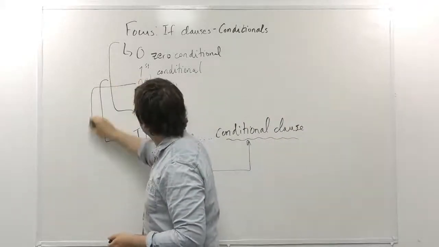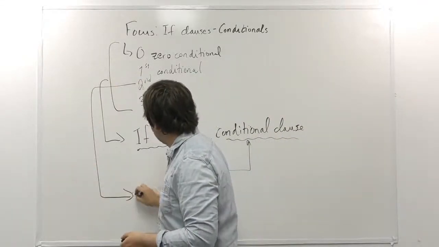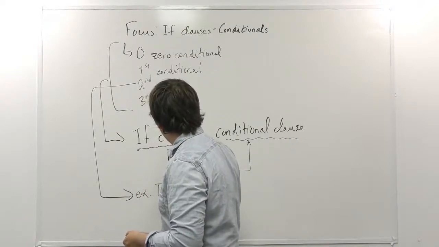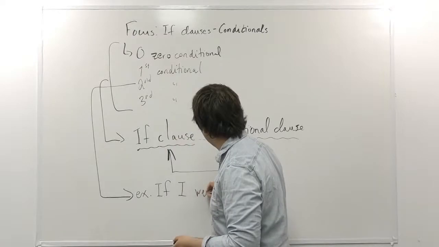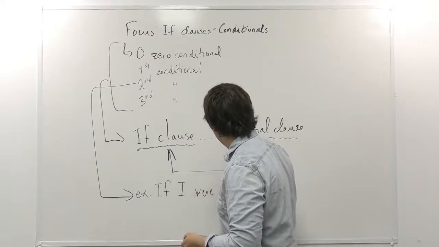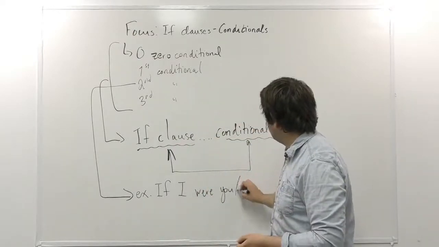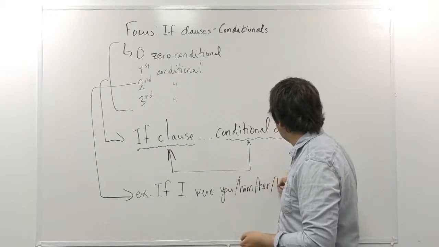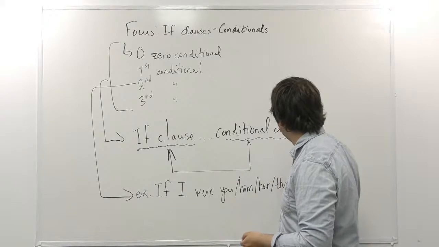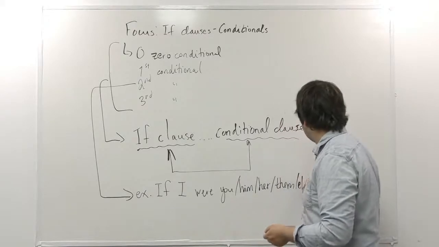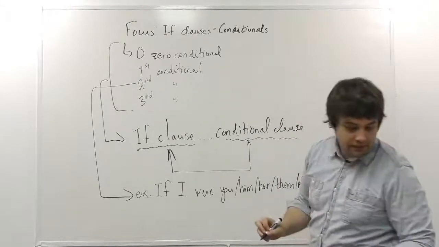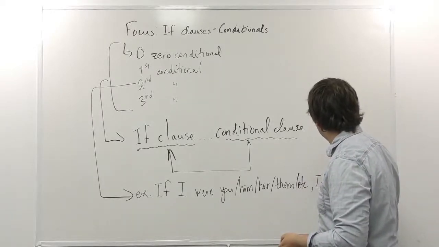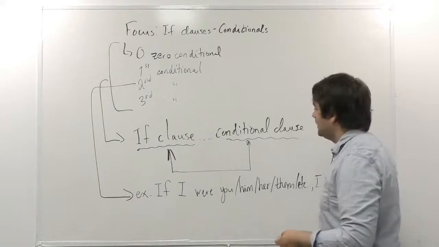But, sorry guys, I know this is looking kind of confusing. If I were you, if I were him, if I were her, if I were them, etc., comma, I would... I would do something.